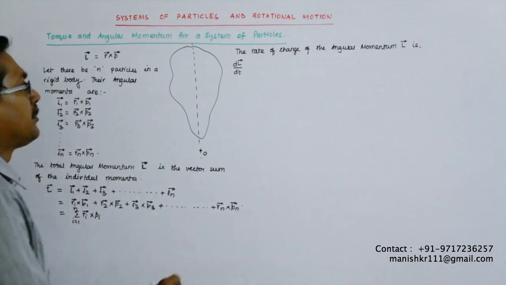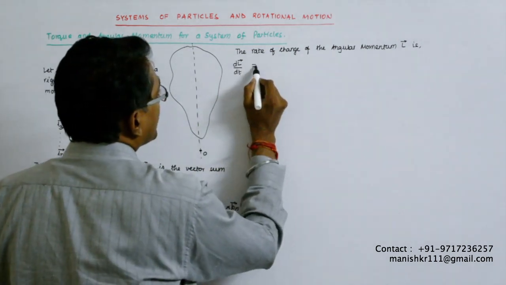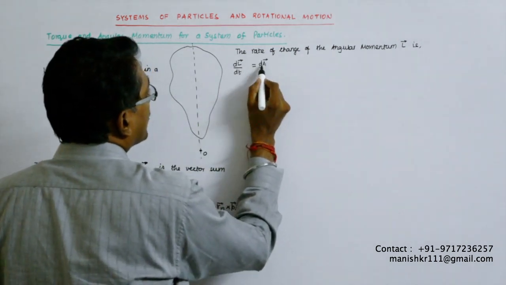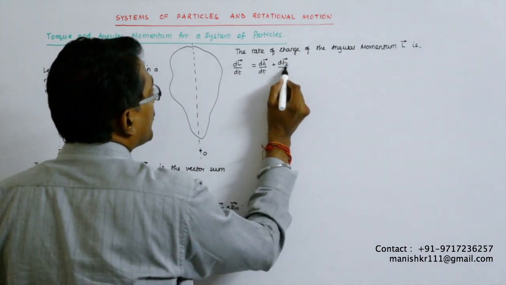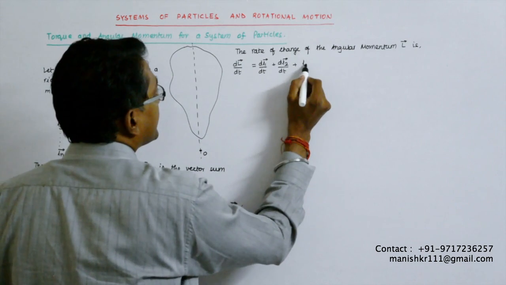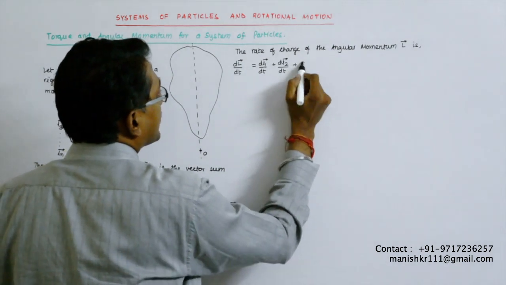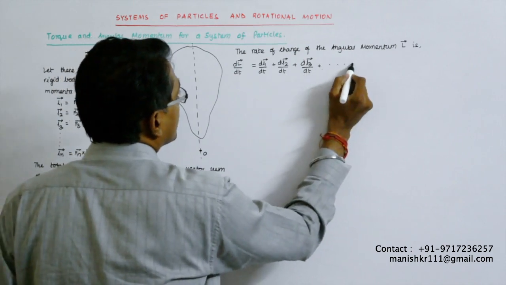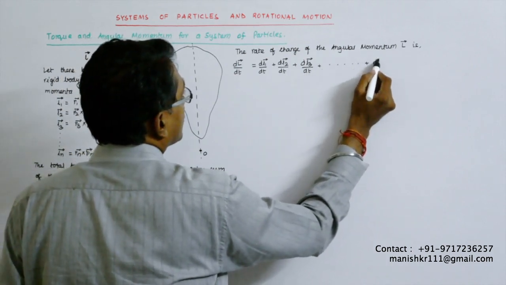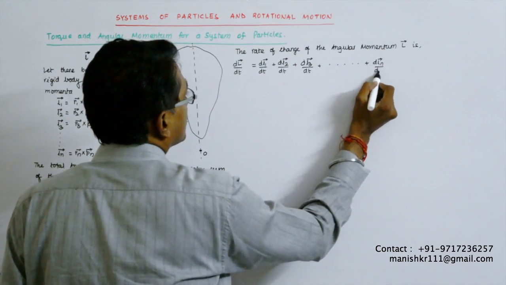Now dL upon dt will be dL1 upon dt plus dL2 upon dt plus dL3 upon dt plus up to dLn upon dt.